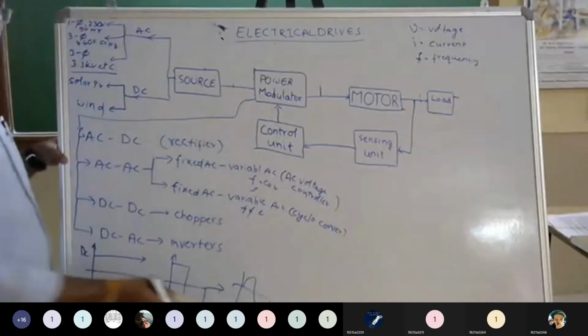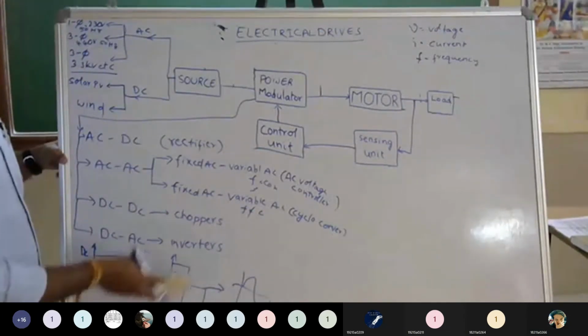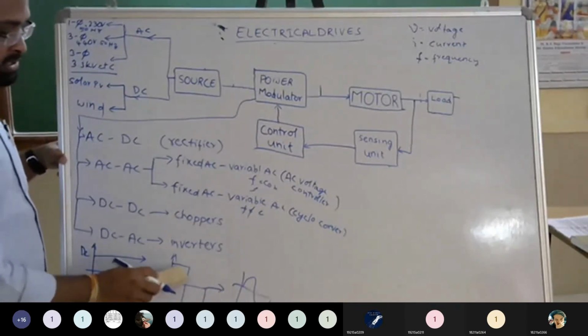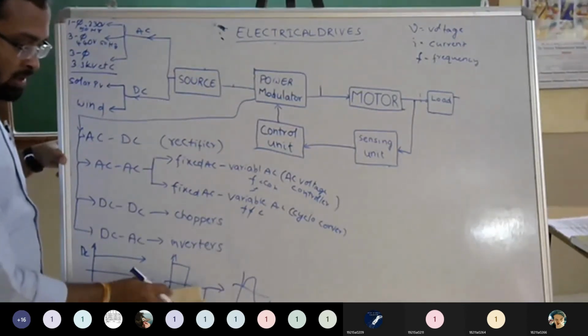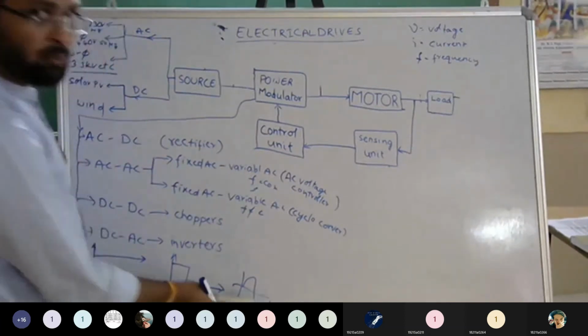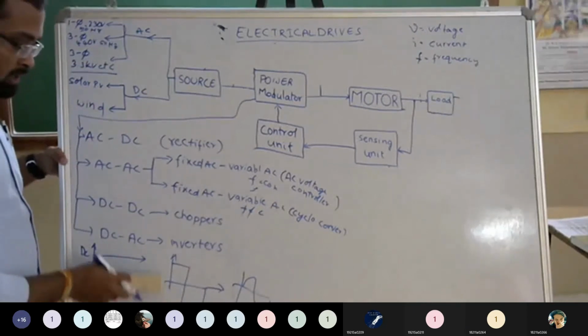This is also an AC waveform. AC waveform means the average value has to be 0. That means however much area is there in positive, that much area is there in negative, then that waveform is an AC waveform. This is a sinusoidal waveform. It is also one of the AC waveforms.